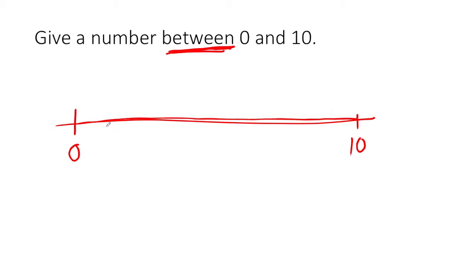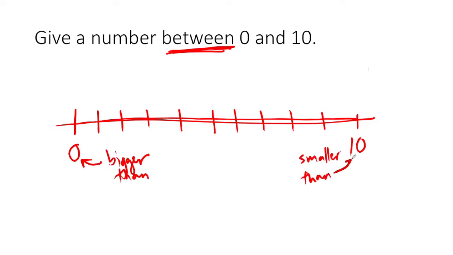Here's the key: the numbers after the 0 here and before the 10 here, those numbers are bigger than 0 and less than 10. The numbers between are bigger than the bottom number, and they are smaller than the top number, because the way the number line works is it gets bigger as it goes this way.